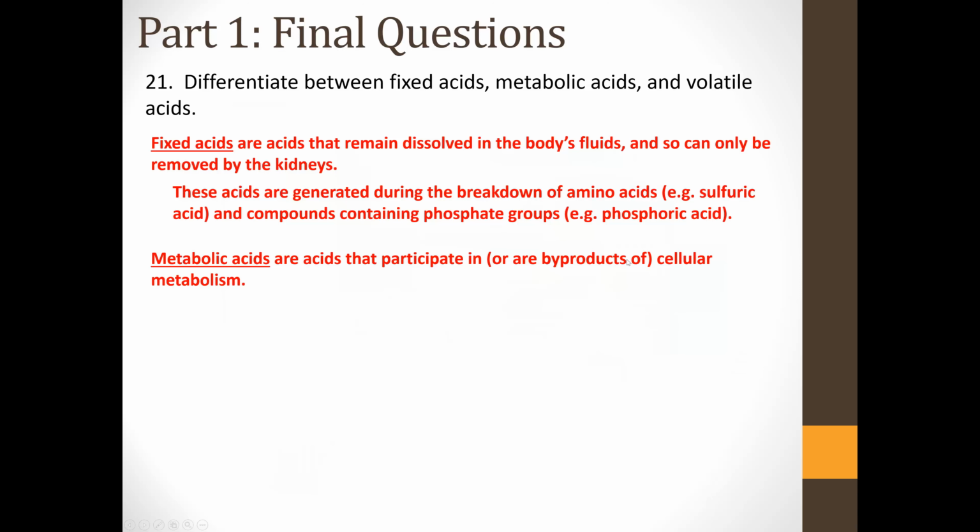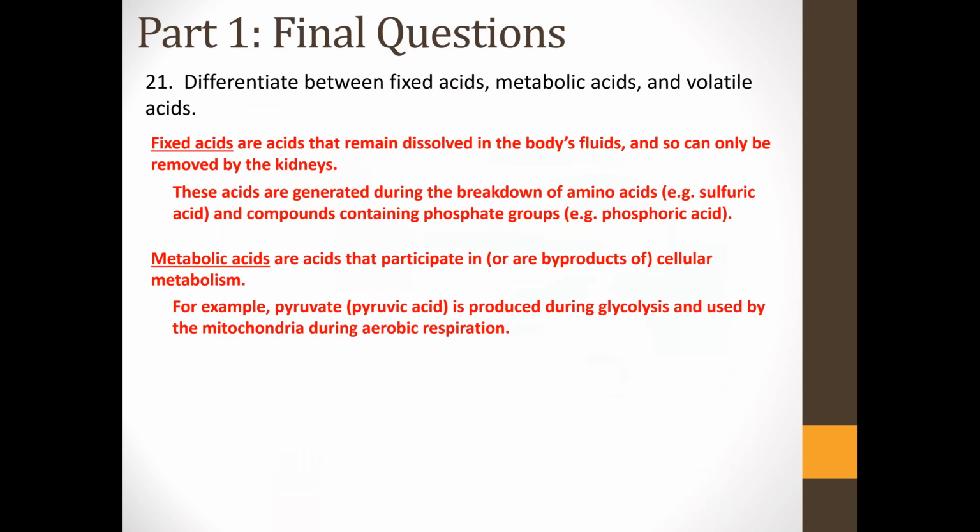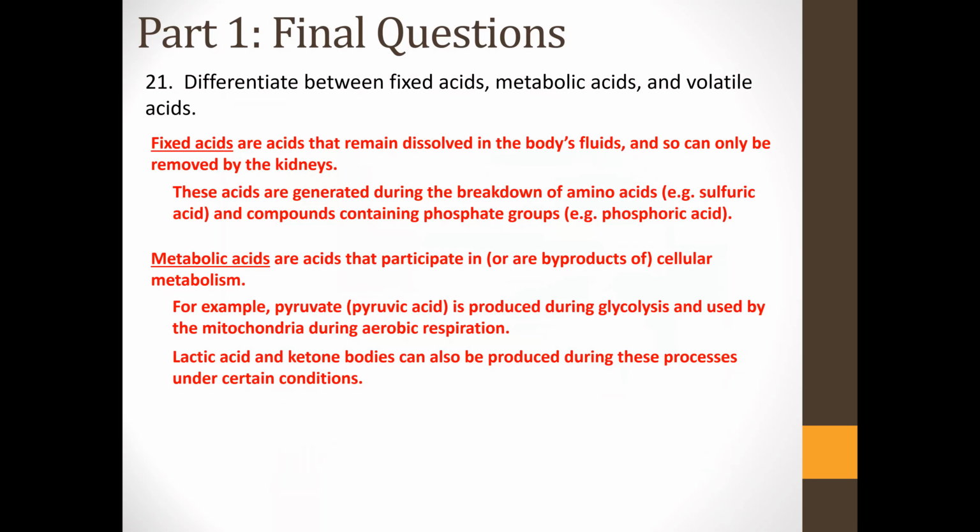Metabolic acids are acids that participate in or are byproducts of cellular metabolism. For example, pyruvate, which is pyruvic acid, is produced during glycolysis and used by the mitochondria during aerobic respiration. Lactic acid and ketone bodies can also be produced during these processes under certain conditions.